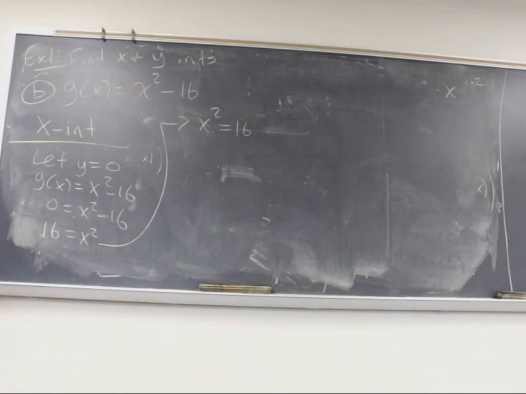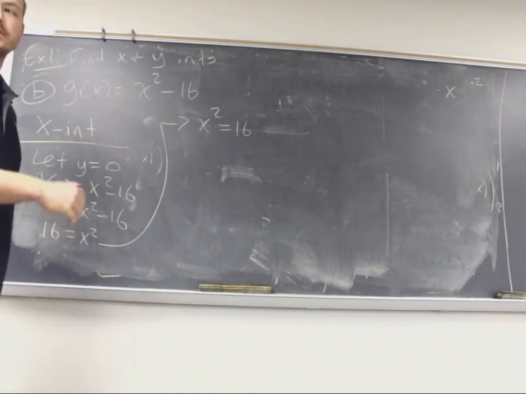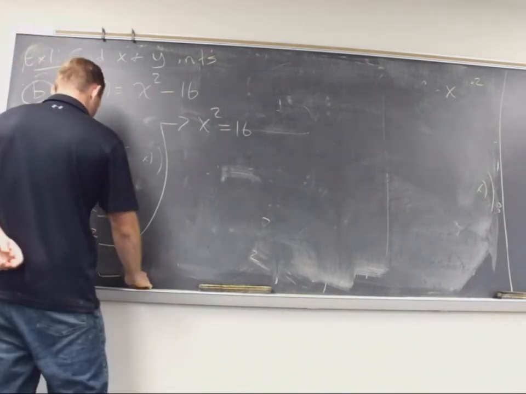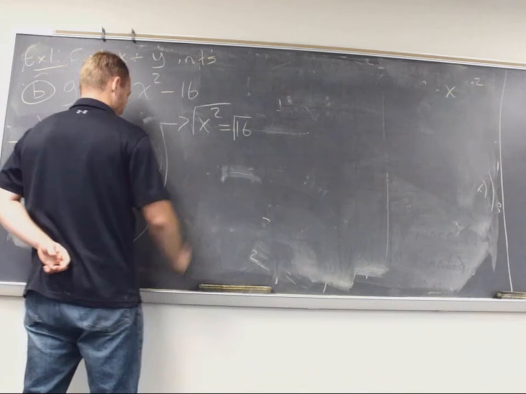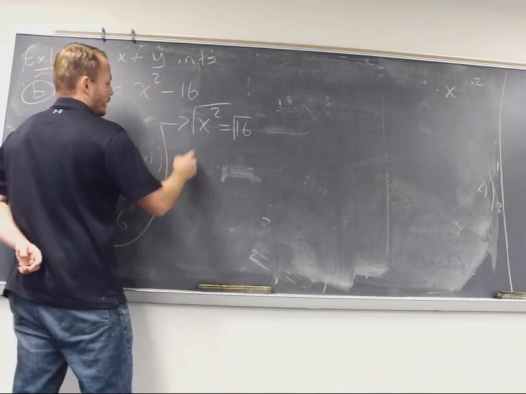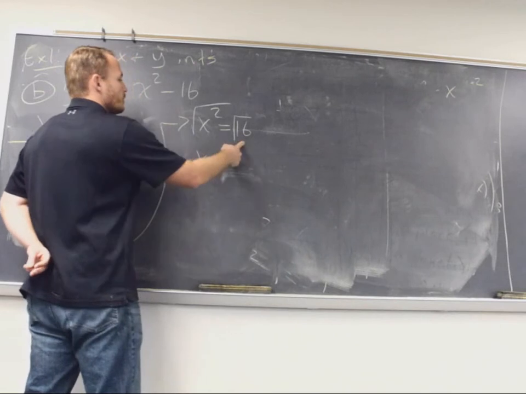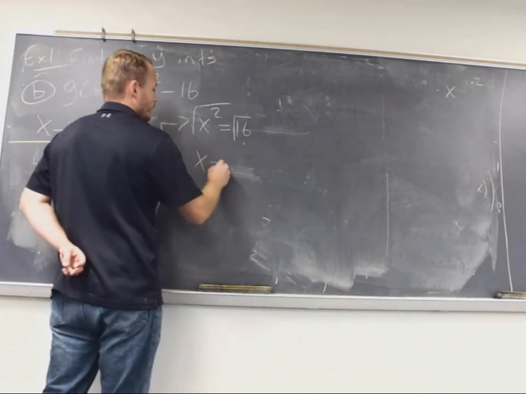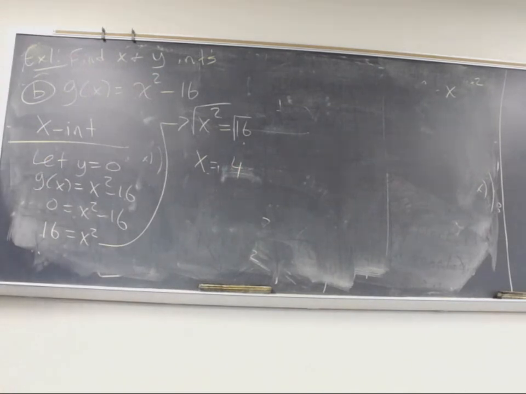All right, now how do I get rid of that square? Well, if you're squaring something, to get rid of it, you have to square root it. So I square root both sides, just like this. And over here, the square root of x squared becomes x, and the square root of 16 is 4. All right, so I did everything right here, except at the very end.